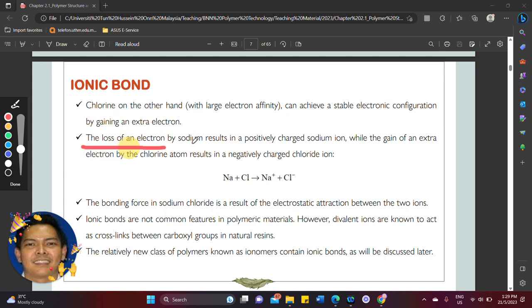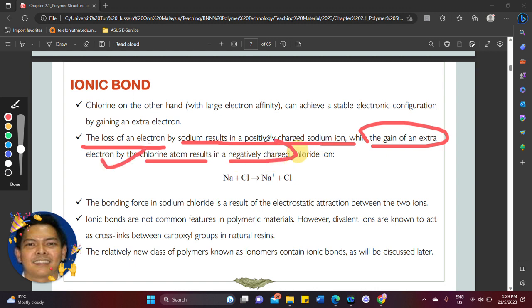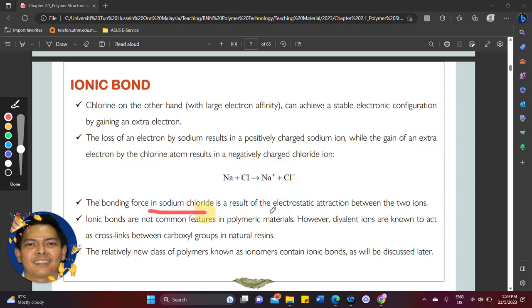The loss of an electron by sodium results in a positively charged sodium ion, while the gain of an extra electron by the chlorine atom results in a negatively charged chloride ion. The bonding force in sodium chloride is a result of electrostatic attraction between the two ions.